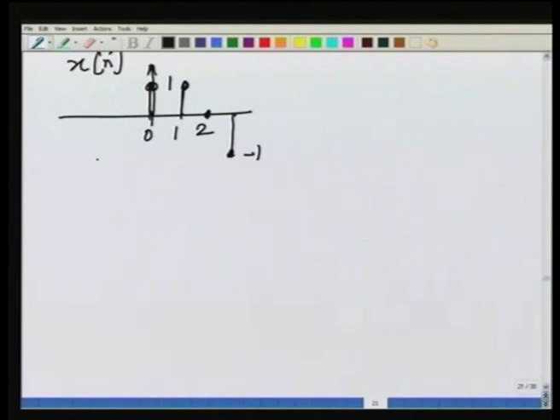Let us say this is x n, and let us say that x n is 0 at all other points of time, such as minus 1, minus 2, minus 3, and for values of n greater than 3 as well.